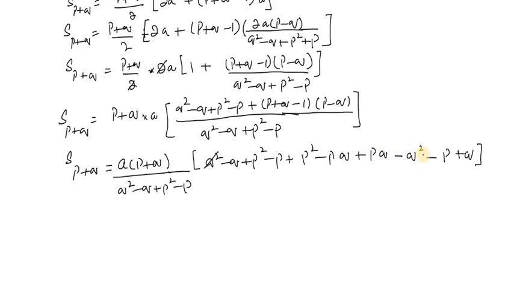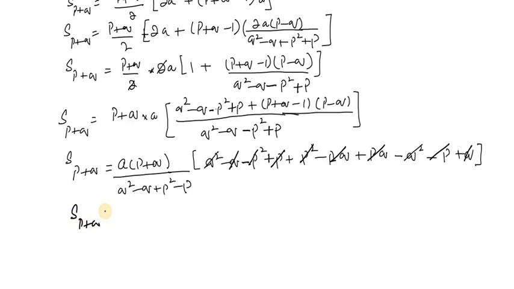Plus q square will cancel with minus q square. Minus p square is cancelled with plus p square, minus pq with plus pq. Sorry, this is our plus p, so plus p cancels with minus p, and minus q cancels with plus q. So all these terms will become 0.